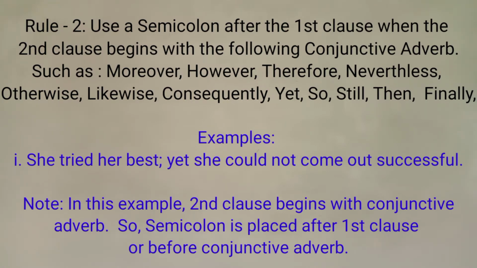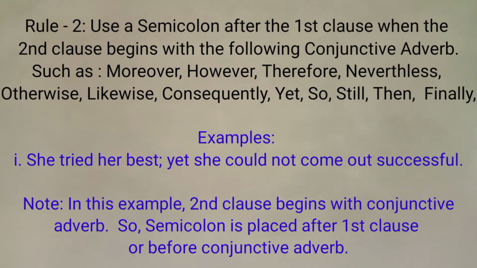In this example, he tried her best is a clause, and he could not come out successful is also a clause. The example means the two clauses are joined with the conjunctive adverb yet.